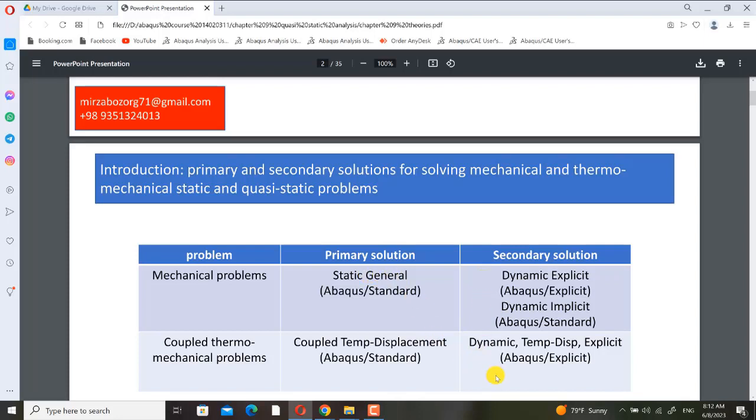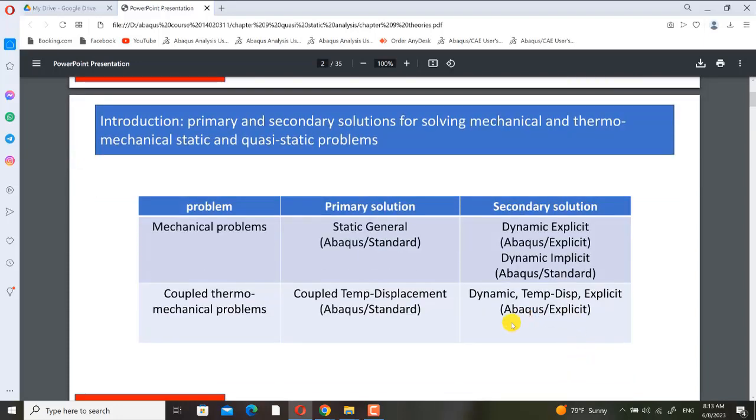The secondary solution for coupled thermomechanical problems is the dynamic temp disp explicit step. The solver of this step is Abaqus explicit. In this course, we don't cover this step. Maybe in the advanced Abaqus course, I will solve several problems using this step.